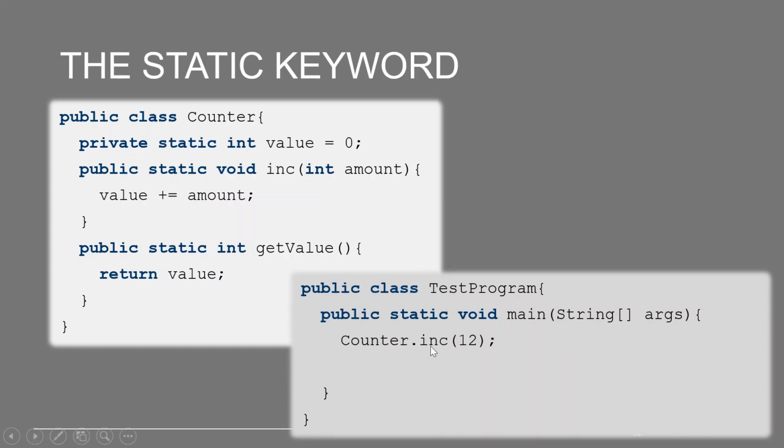Instead, if you want to call a method on it, you can do it like this directly without creating a new instance of the class. And since this class variable here, value, is private, over here we couldn't of course write counter.value. Instead, we need to work with this value variable through these public static methods.